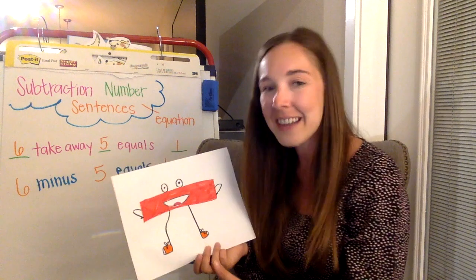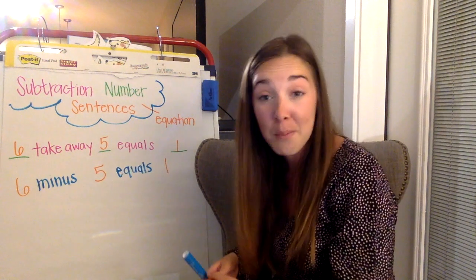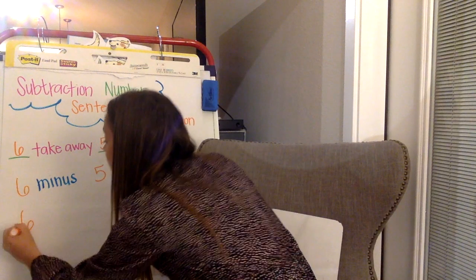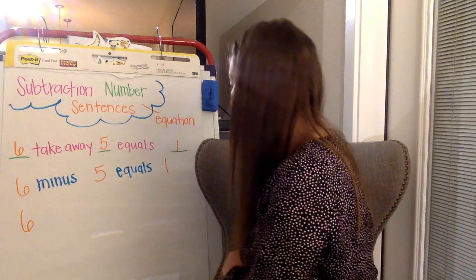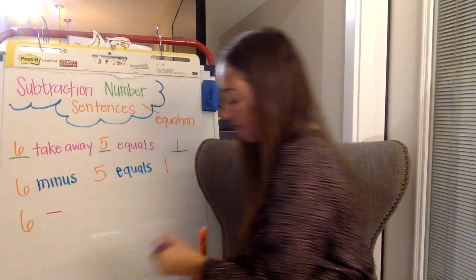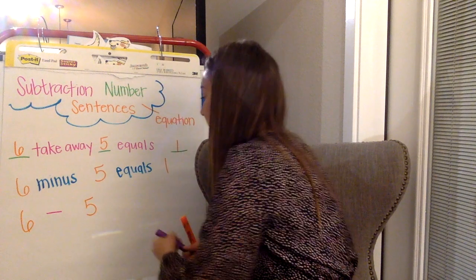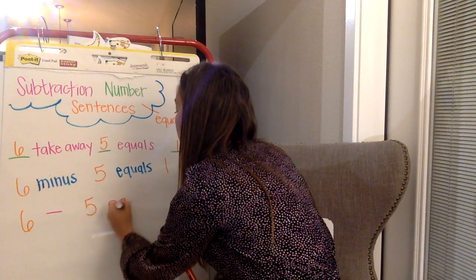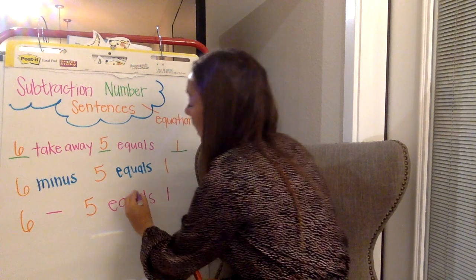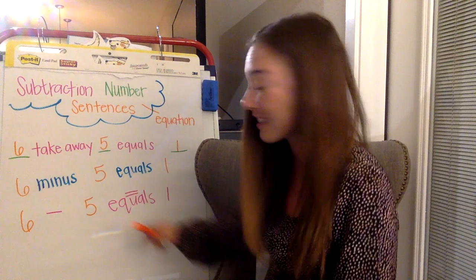So when your hand sometimes hurts and you want to just use a symbol to show your work, you can actually write 6 and then you can use this symbol to show minus. 6 minus 5 equals 1. And then I would write a symbol for the equal sign as well to look like that.